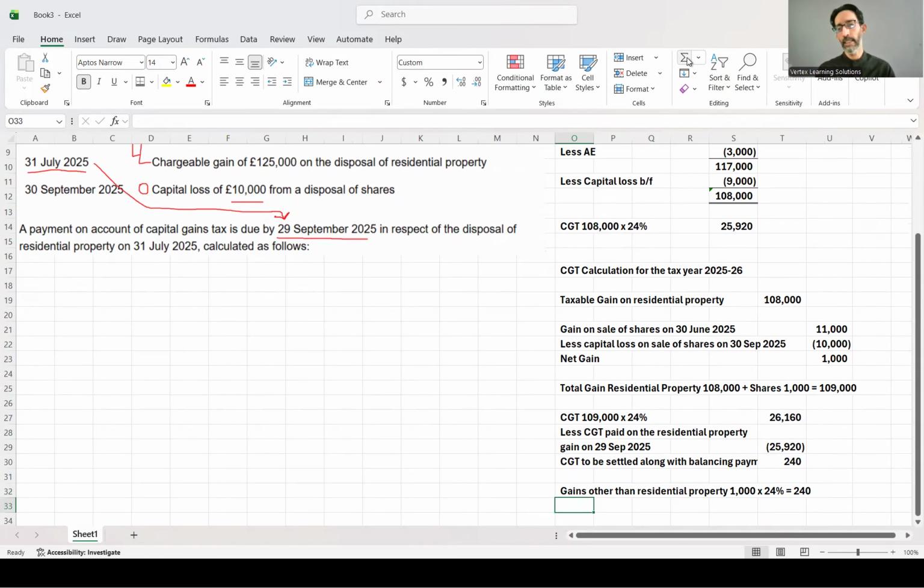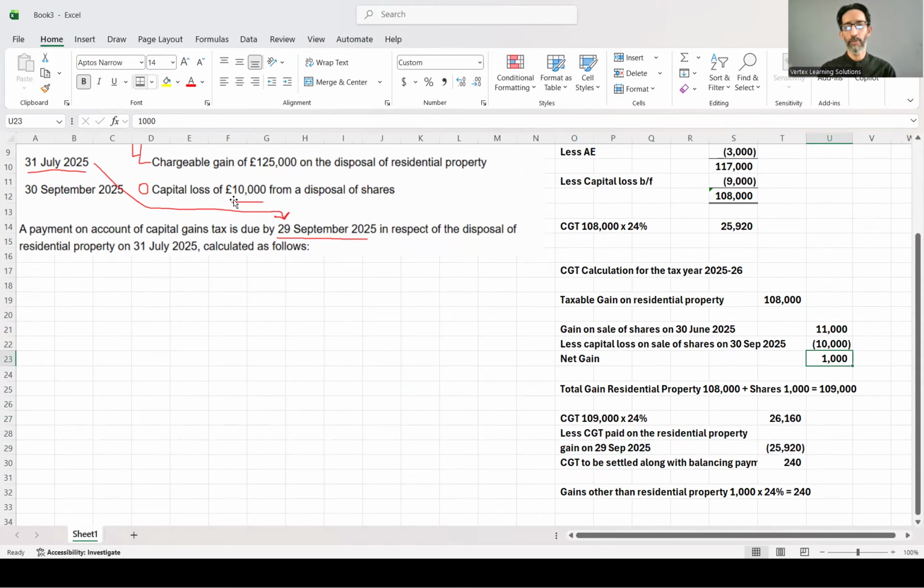So this verifies that we have done the calculation correctly, because the net gain on the shares was 1,000, and the total tax on the total gain was 26,160. Since 25,920 was already paid, the balance is 240, and we also get to know why the balance is 240, because the only gain which is not yet taxed is 1,000. So when we tax 1,000 into 24%, that is 240. So this is how we calculate.